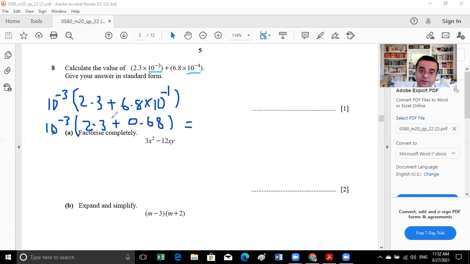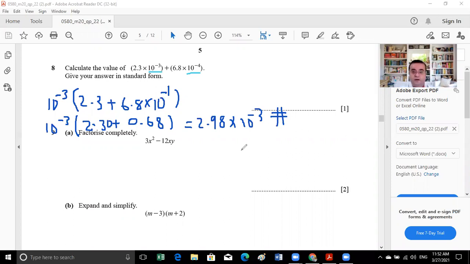This one 30 plus 60. 2.98. Bravo. 2.98. You do it in your calculator, this one, times 10 to the power minus 3. This is the final answer. Understood?